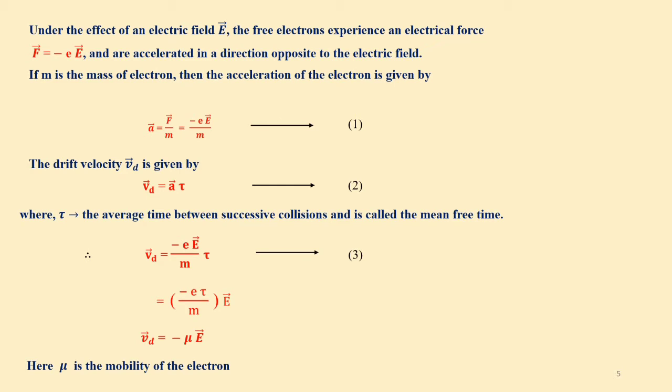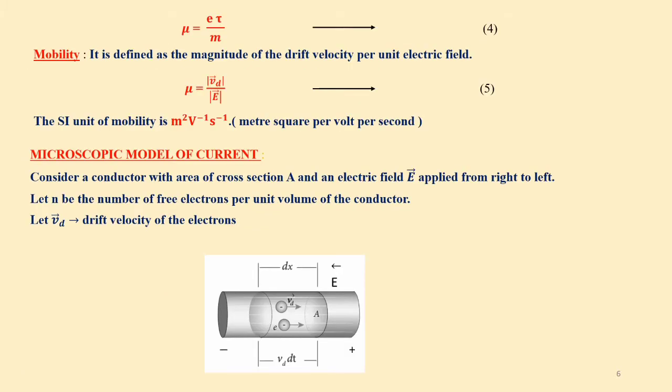Therefore V drift is equal to -μE. Here mu is called the mobility of the electron. The magnitude of the mobility of the electron is given by mu equal to eτ by m.